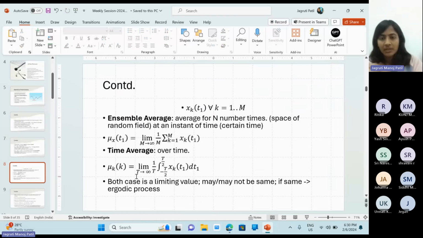So what's an ensemble? Say I'm acquiring something. You are all aware of imaging. Whenever you go for a diagnosis, a particular physician will come to me. He'll diagnose me one time, two times, three times.